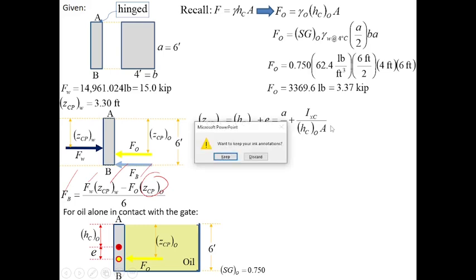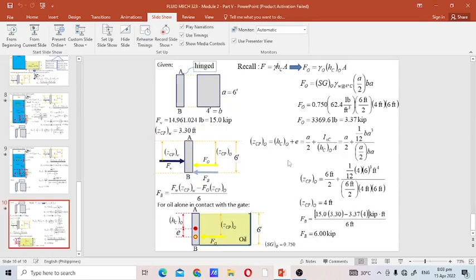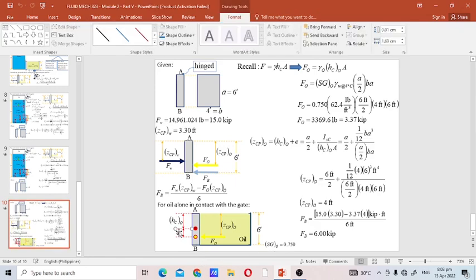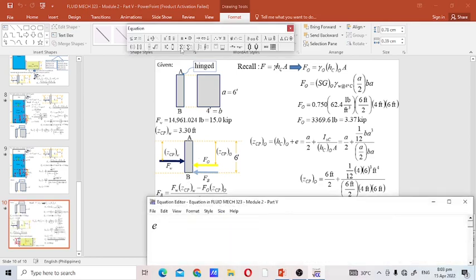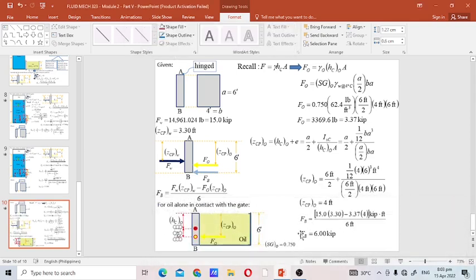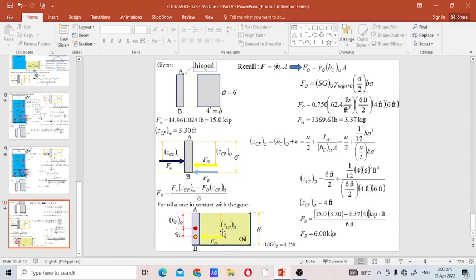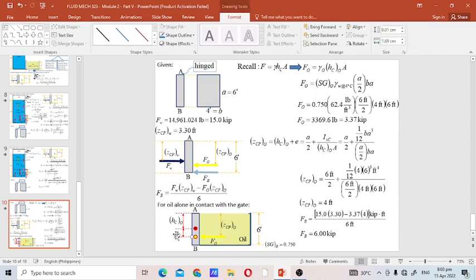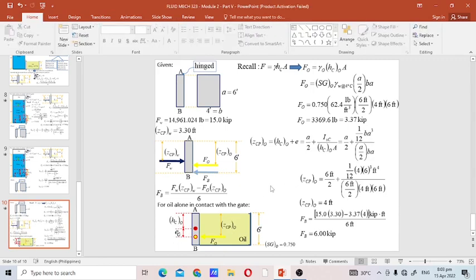I'll be specific. So this is E sub O for oil, the eccentricity due to oil.